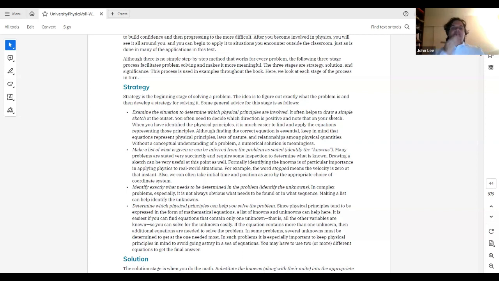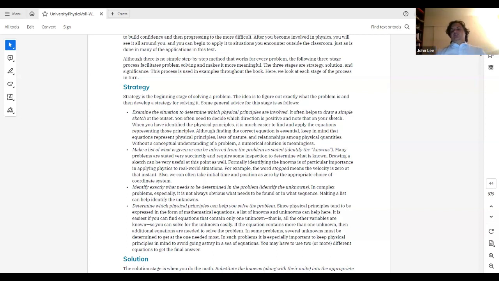So identify exactly what needs to be determined in the problem, which is to identify the unknowns. In that earlier example, that would be time, and determine which physical principles can help you solve the problem.